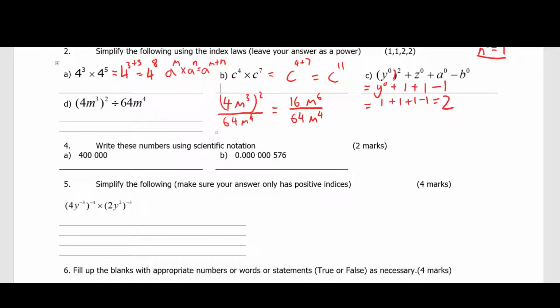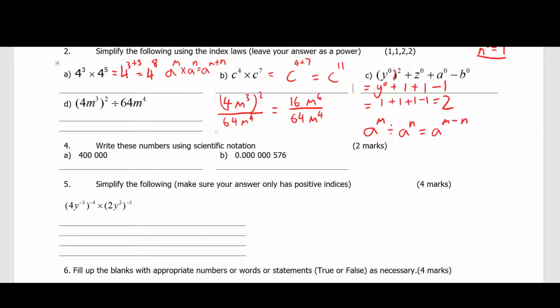All right, and next step, we've got to simplify this. So we're going to use this index law: a to the power of m divided by a to the power of n equals a to the m take n.